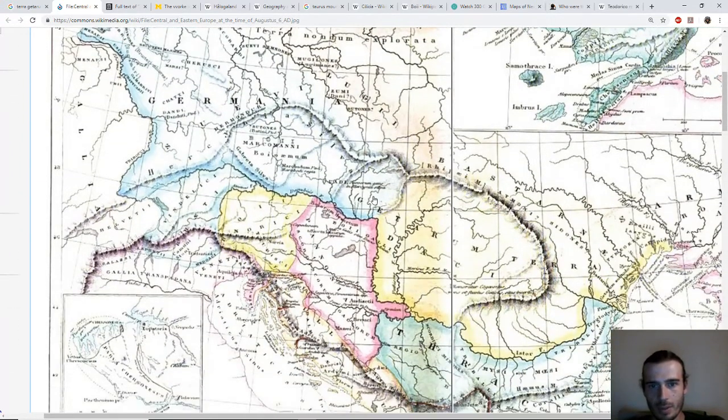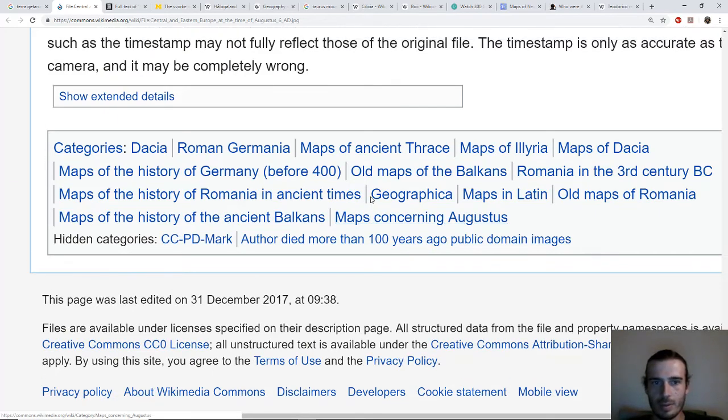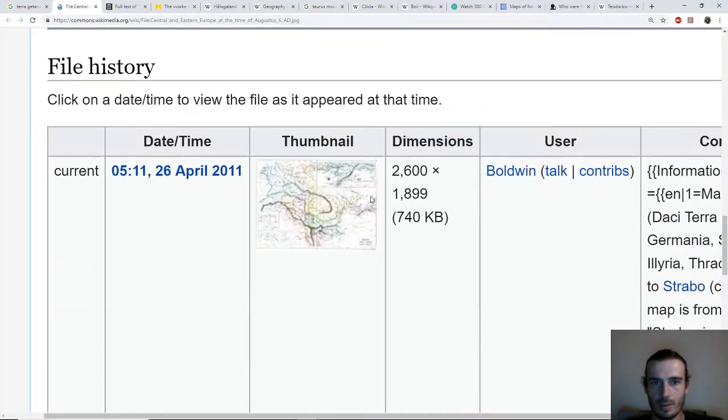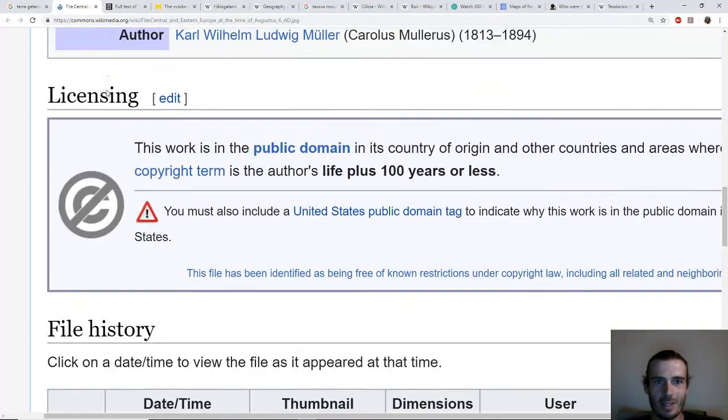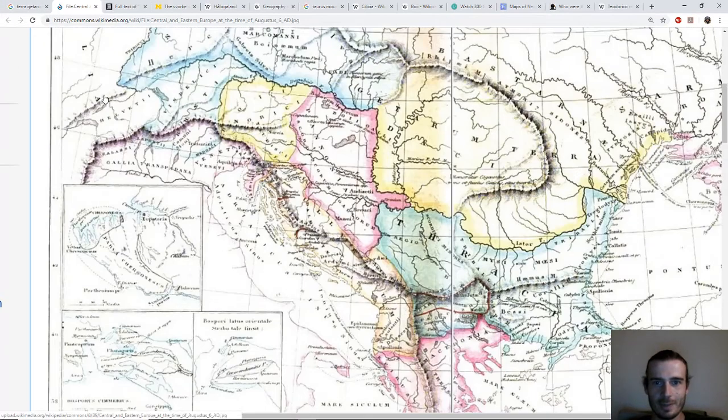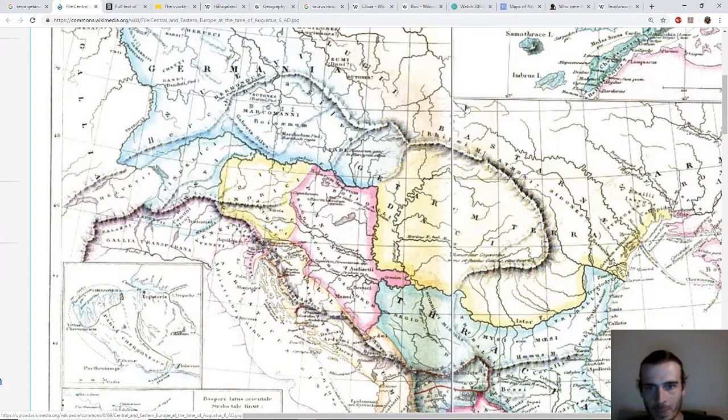Whoops. What just happened? Am I not allowed to show this? But if you look over here, it says Getarum Terra. It's pretty much the land of the Geats.